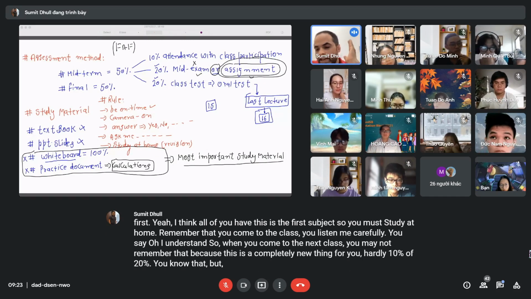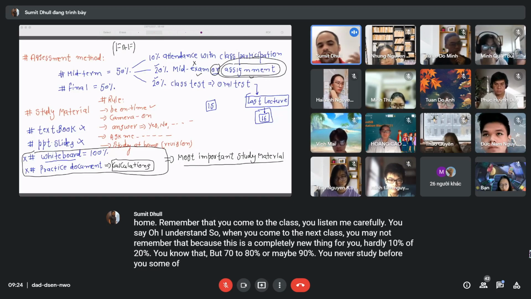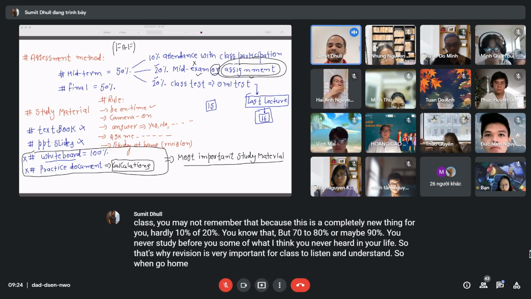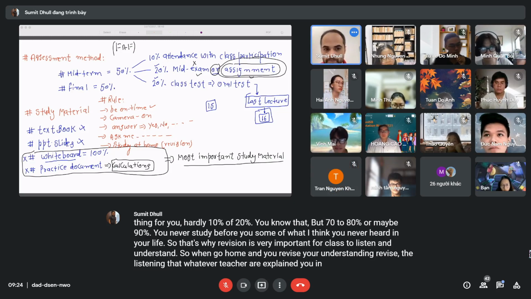But 70 to 80% or maybe 90%, you never studied before. Some of the words I think you never heard in your life. So that's why revision is very important, in addition to listening and understanding in class. So when you go home, you revise your understanding, revise whatever the teacher explained in the class.